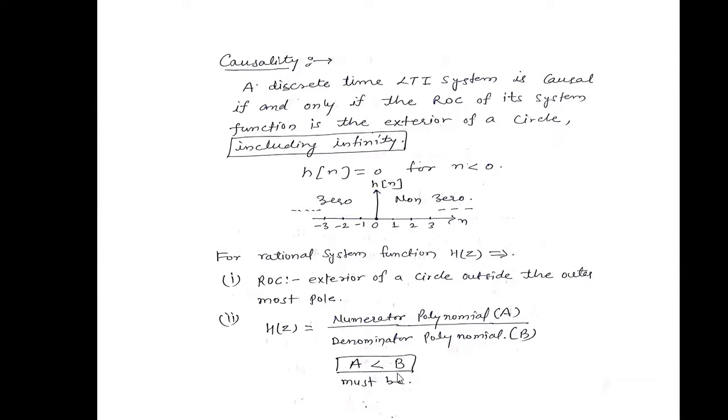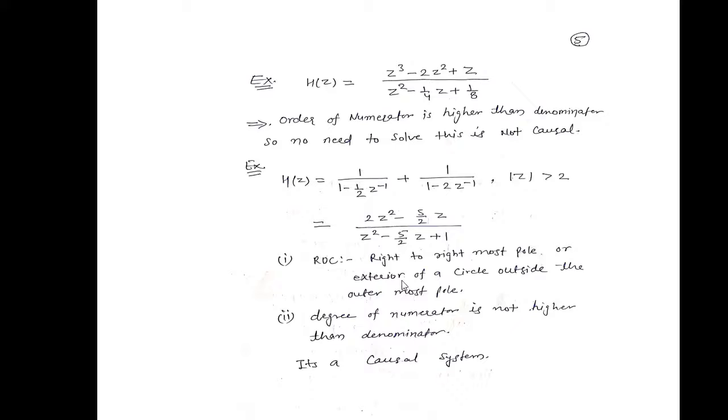So in this question a is not greater than b, so it may be a causal system. The second condition is satisfied too, that the ROC is exterior to the outermost pole, so we can say it's a causal system. Clear?